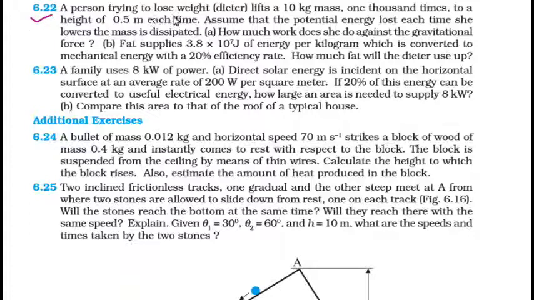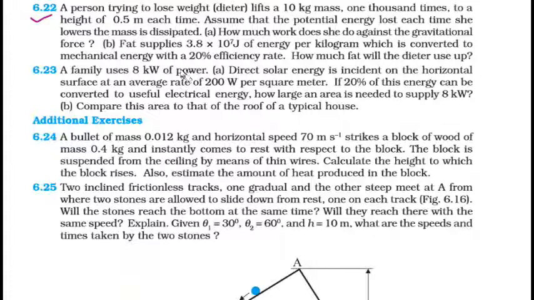A person trying to lose weight lifts a 10 kg mass 1000 times to a height of 0.5 meter each time. Assume that the potential energy lost each time she lowers the mass is dissipated. A. How much work does she do against the gravitational force?